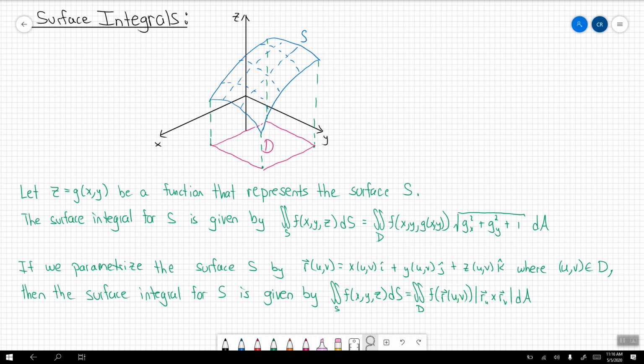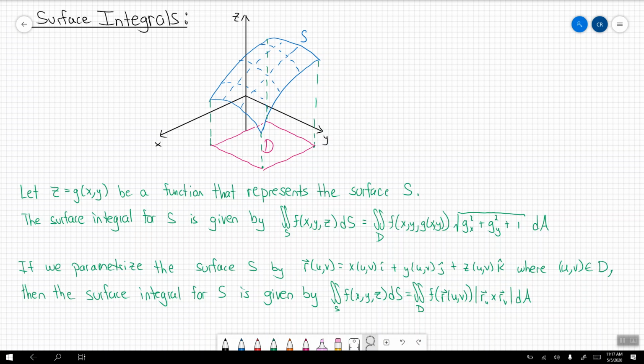The only difference is that we're going to make our substitutions in our integrand for the values that we found with our parametrization. Then we multiply by the magnitude of the normal vector, or the magnitude of the cross product of that parametrization, with respect to the area.